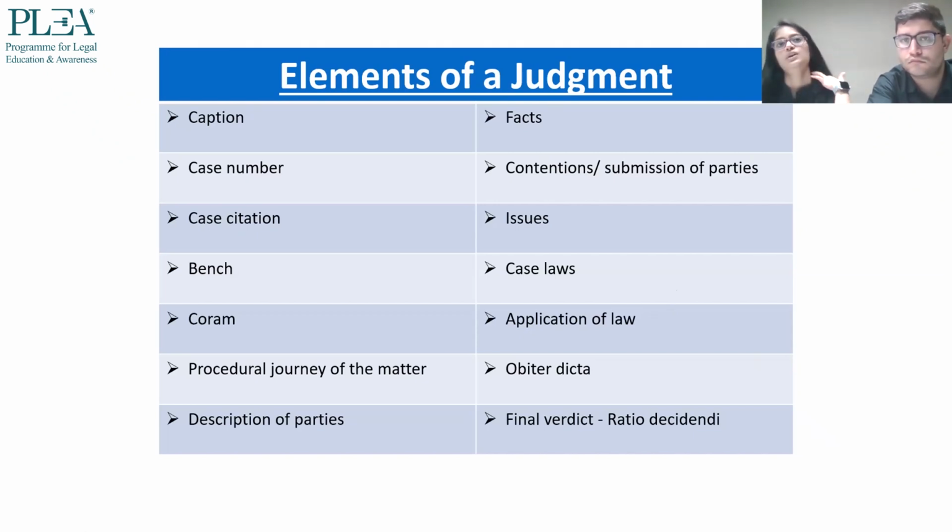Case laws can be placed by both the parties. While going through a judgment, you will find the contentions and the case laws which are placed by the parties. Also, while arriving at a conclusion, the judge may refer to case laws or may give reasoning for why a particular case law cited by a party is relevant or is not relevant.